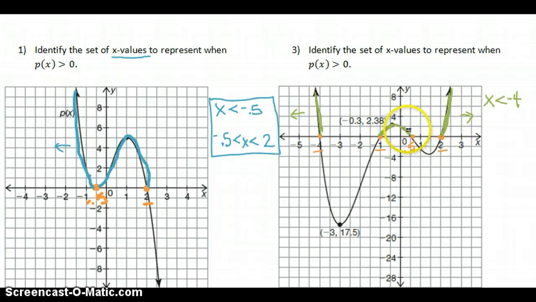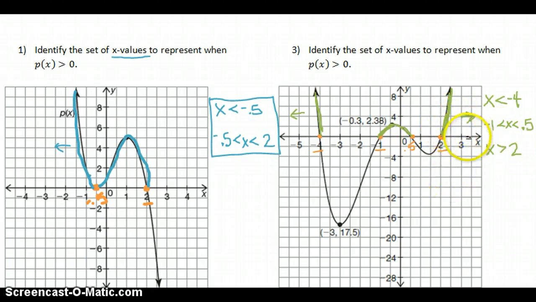For this section in the middle, my x values are between negative 1 and positive 0.5. We write that as negative 1 is less than x is less than 0.5. And then the third section, we know the graph is continuing to the right, and the third section starts at 2, and all of the x values continue to get larger because the graph is moving to the right.